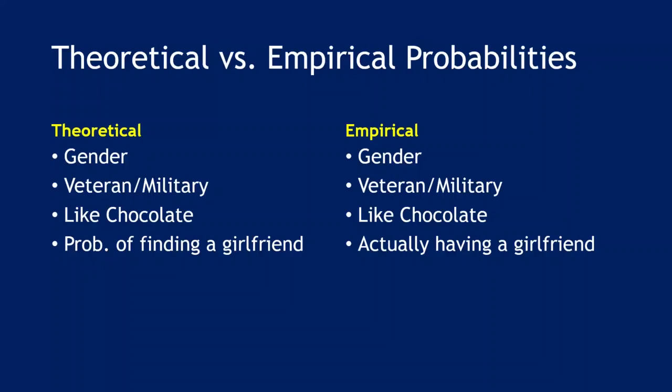That is a theoretical probability that's given to you, and it's relatively accurate, and you don't have to collect data on that. You already know that. So these are known probabilities.